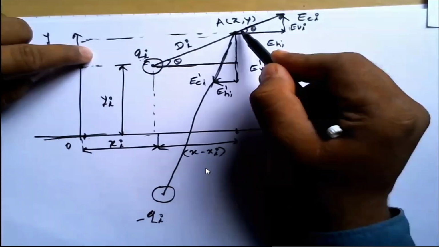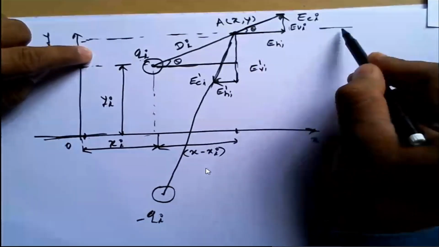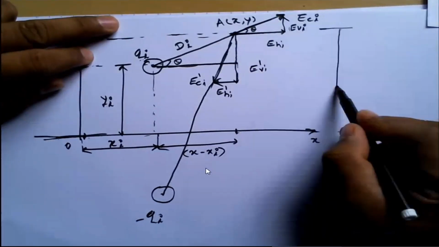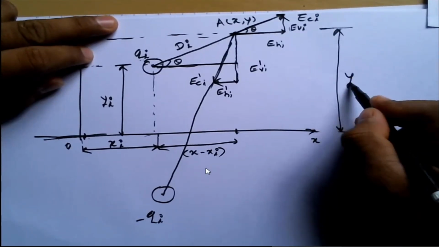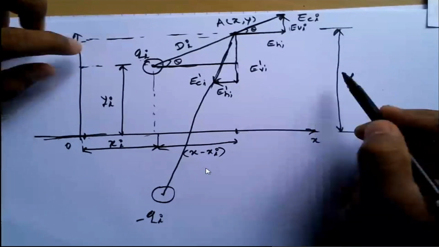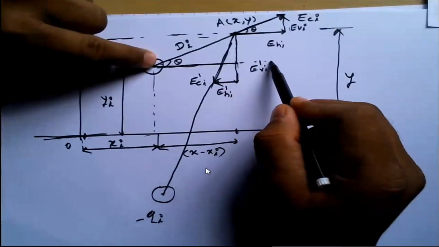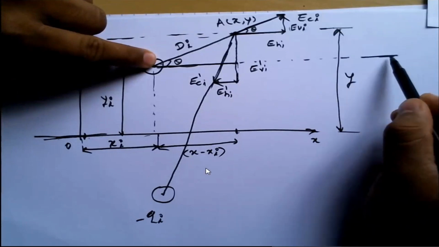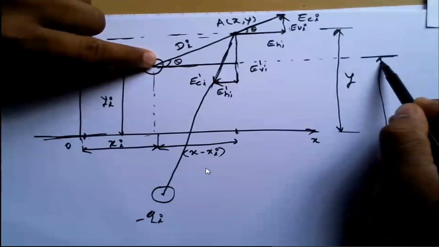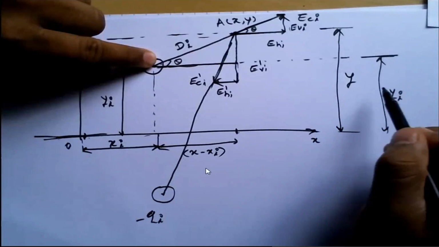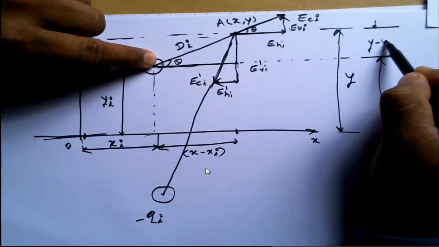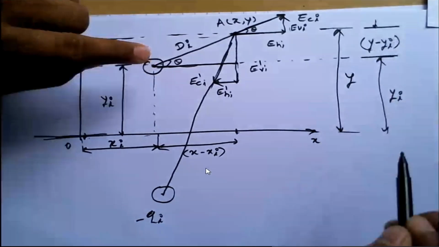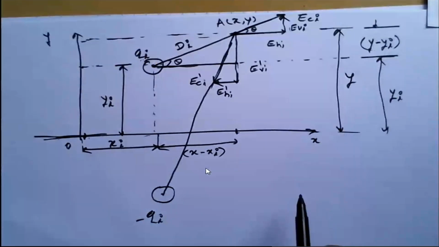In the same way, if we consider this point, this distance is y. Now, if I consider this point, this distance is yi. So what will this be? y minus yi. Am I right? Okay.